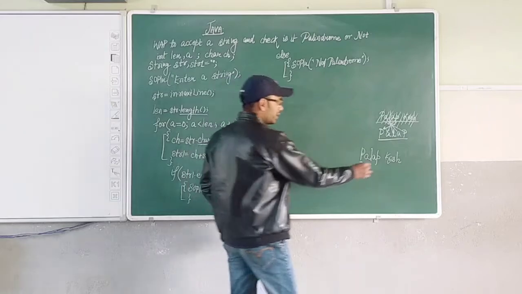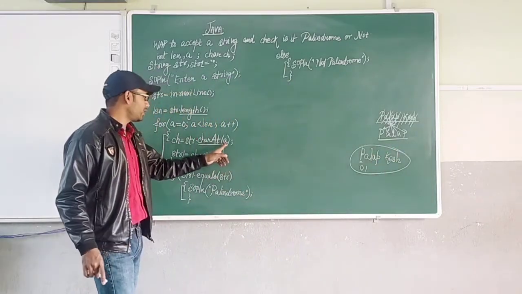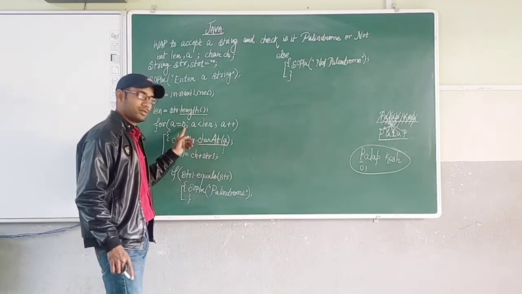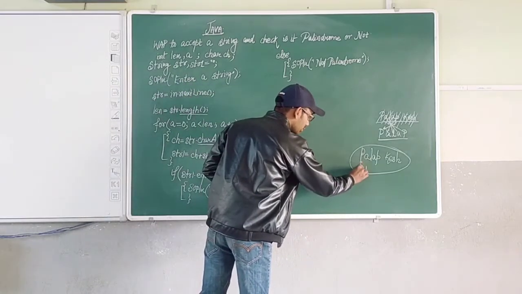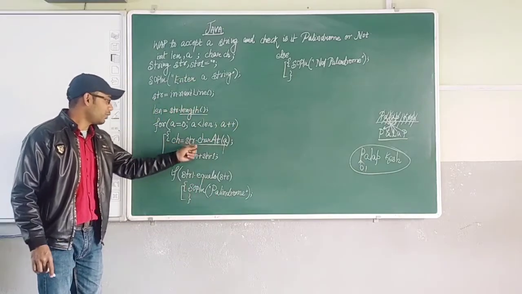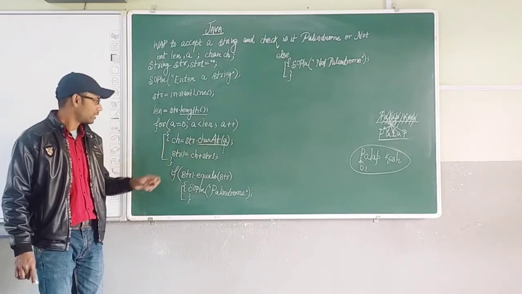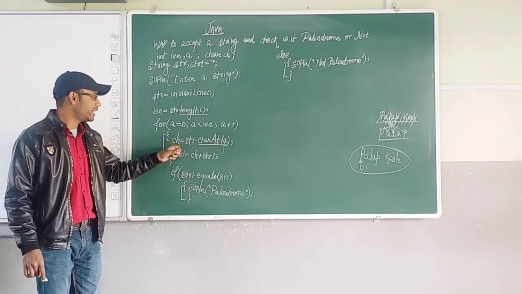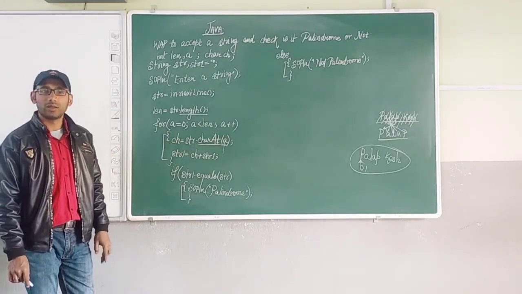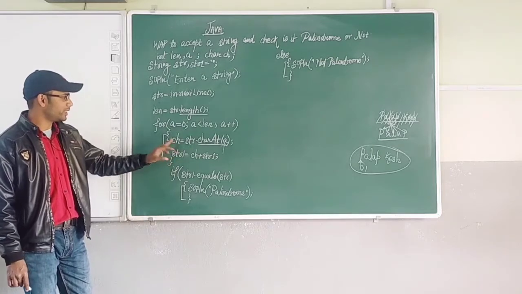Right now the current position of a is 0, that means pointing to this one. So take out the character. Do not cut it, just copy it and store it in ch. So ch will become P.